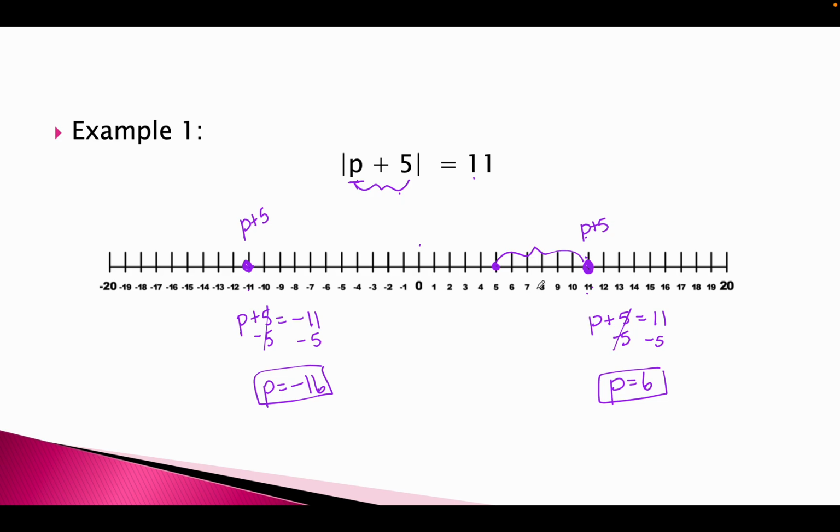And that would be 6. On the other side, I have something plus 5 has to equal negative 11. So if I'm here and then I would add 5 to get to negative 11, I would have had to have been at negative 16. So a little bit different than our last examples. Let's try another one.